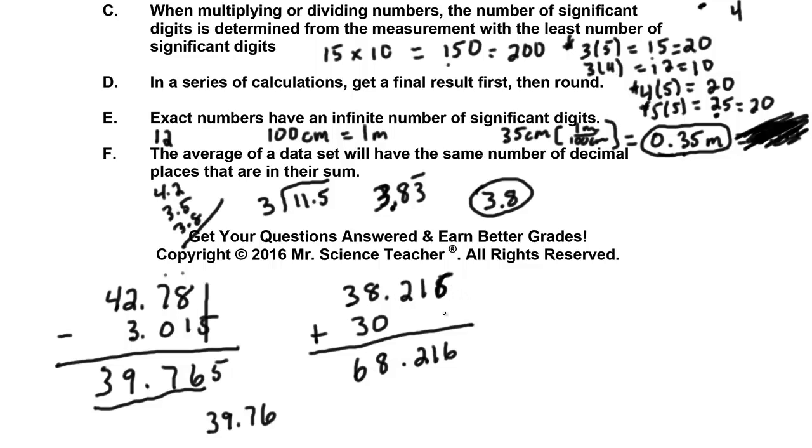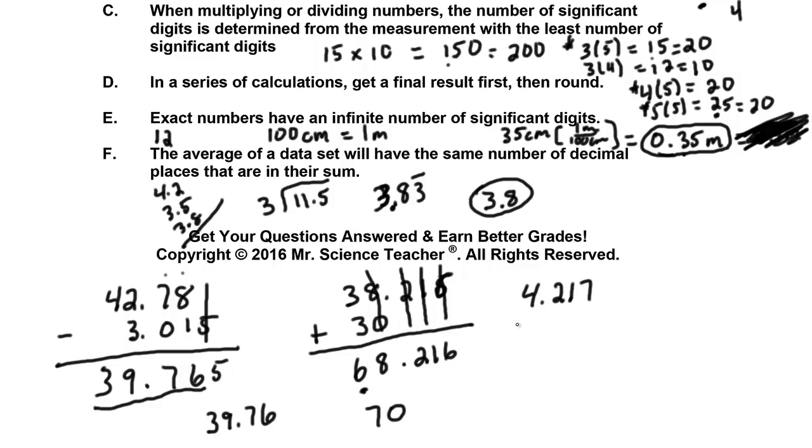So we add this number, but they do not have to the thousands, they do not have to the hundreds or to the tenths. And because there's no decimal point here, you also know that it doesn't have to the ones place. Therefore, I have to go to the tens place, which is right here. And this number is greater than 5, so it rounds up, and my answer is 70. Notice that I do not include a decimal point.